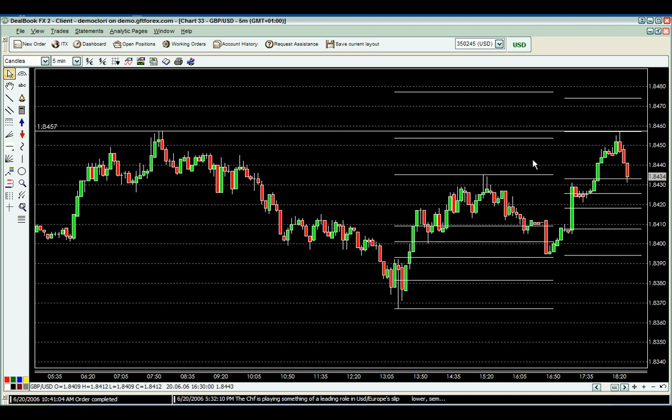And what I want to point out here is that this tape is going to go into the advanced video series. And what I want to say is this: this trade was made based simply on a combination of Fibonacci's and the intraday highs, and it's made on market knowledge and an understanding of how the market works.